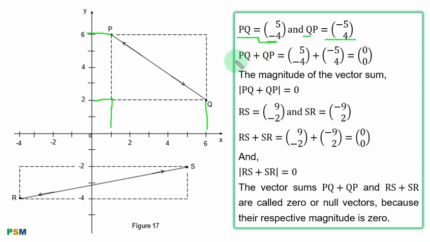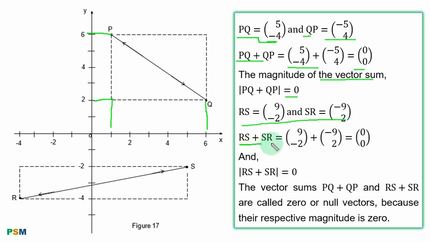Now we want to add PQ to QP. When you carry out the addition, you have the zero vector. The magnitude of the vector sum is 0. Remember, magnitude is the square root of 0 squared plus 0 squared, that is square root of 0, equal to 0. If we do the same thing considering arrow S and S arrow, we have these vectors.